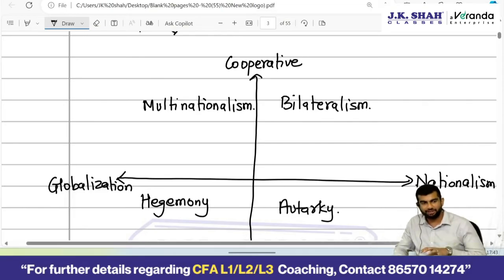IMF comes to the rescue only when the country is going through some extreme problems like balance of payment problems, it is about to default on its external debt, anything of that sort. I had given you several examples: Argentina, Iran, Sri Lanka, Lebanon, Egypt, Greece, Pakistan. IMF had come to the rescue of such countries.